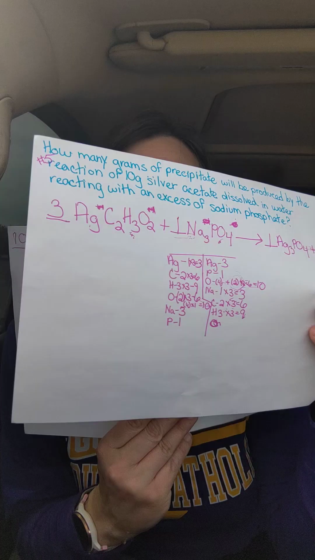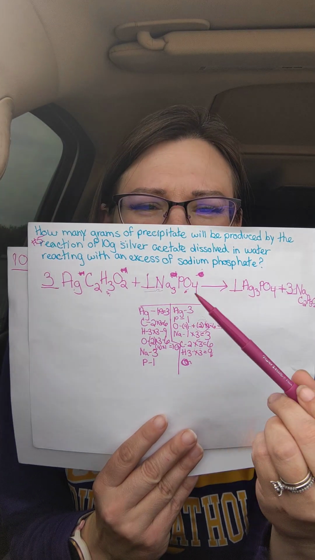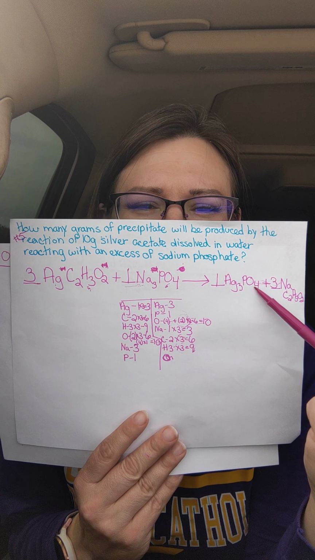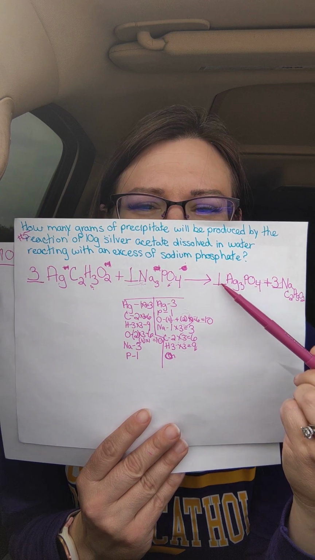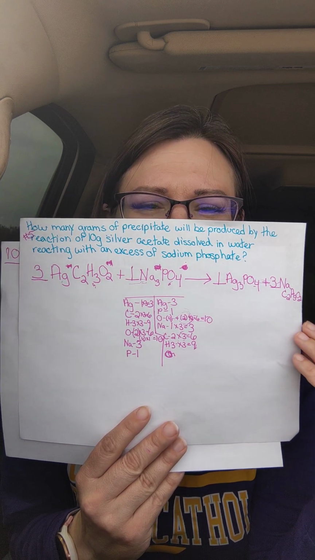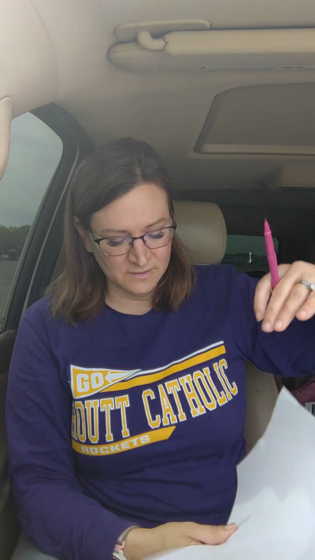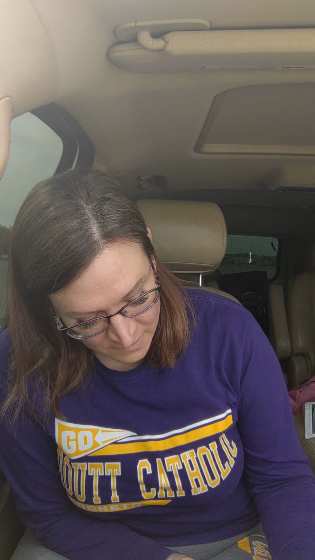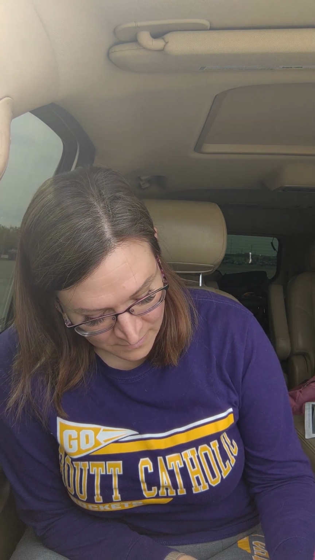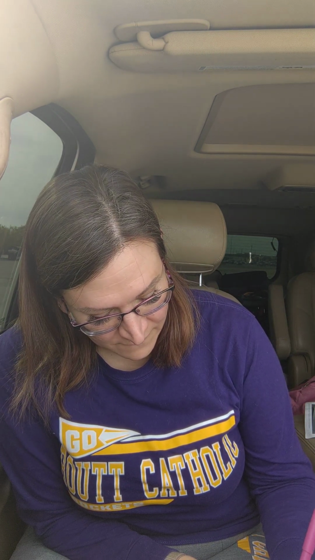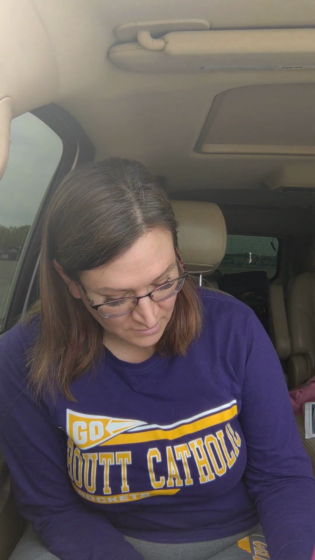Looking at our equation, silver phosphate, we have 1. So there's 1 silver phosphate. So we'll put 1 mole silver phosphate up here, and that is Ag3PO4.